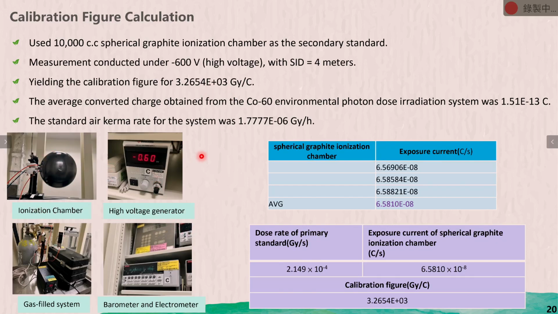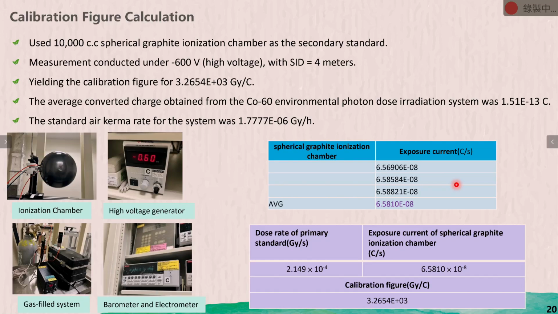We also have the gas flow system, the barometer, the electrometer and the high voltage generator here. We can use the calibration figure for this one, because in our system we have the exposure current to measure.